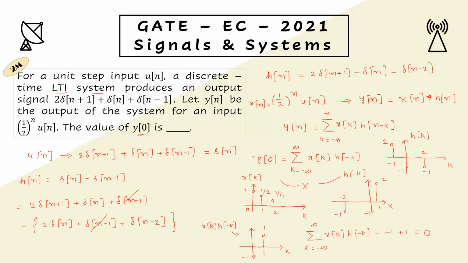So the value of y of 0 is summation of x of k h of minus k, and that turned out to be 0. In that way we can solve this problem. Hope you have understood the concept. Thank you.